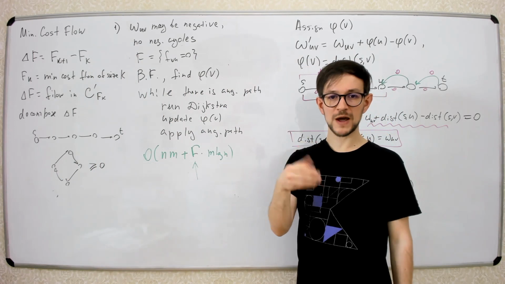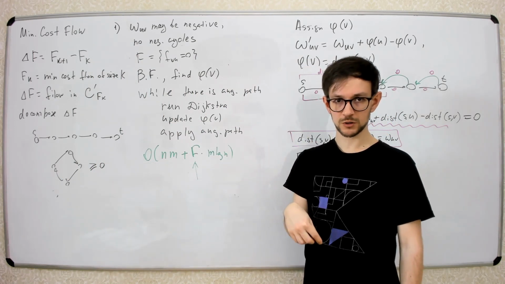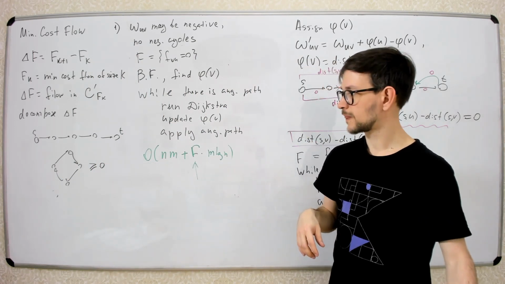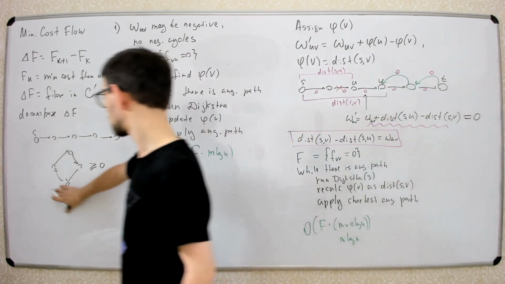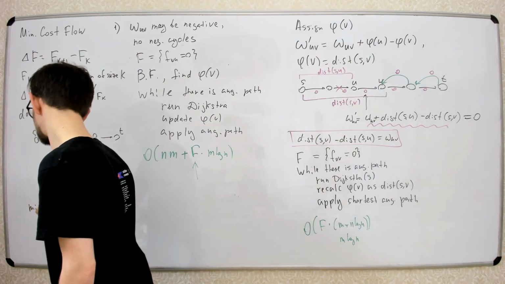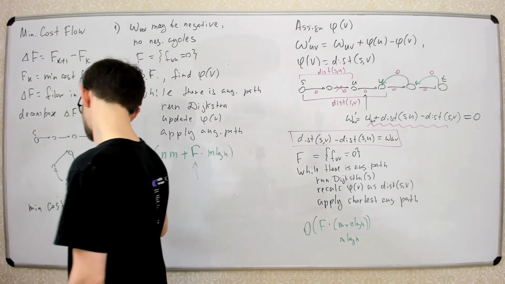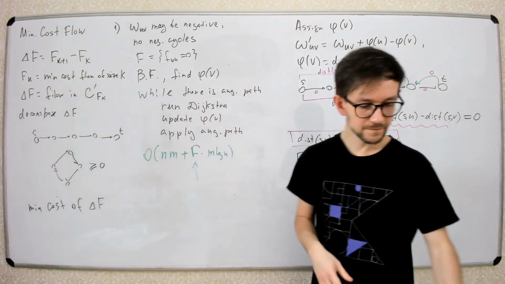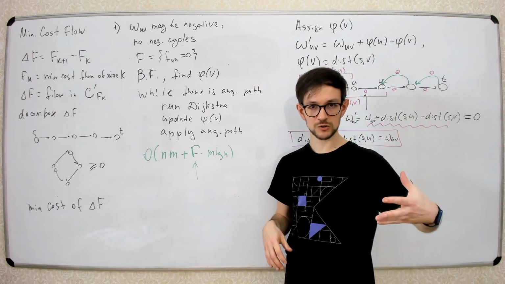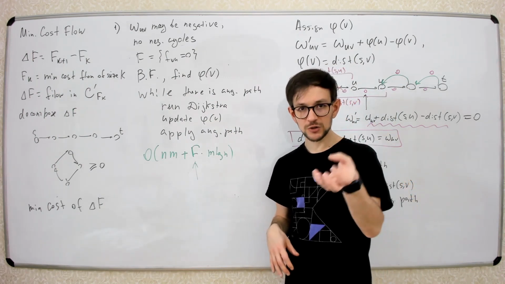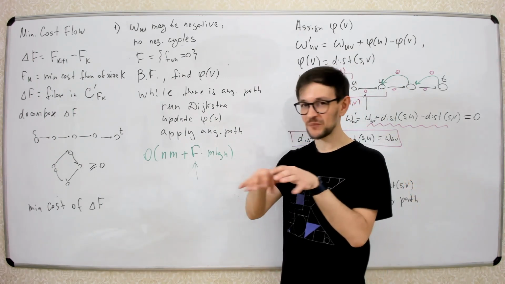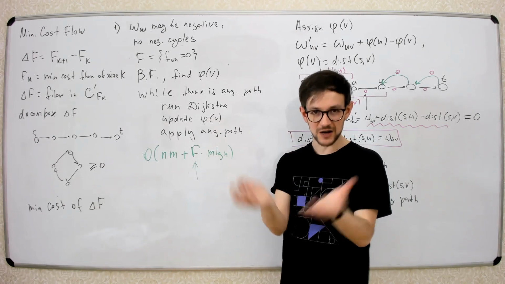Now, if we want to find delta f of the minimal cost, I want to minimize the cost of this delta f. I can't take any of these cycles because all cycles are non-negative.